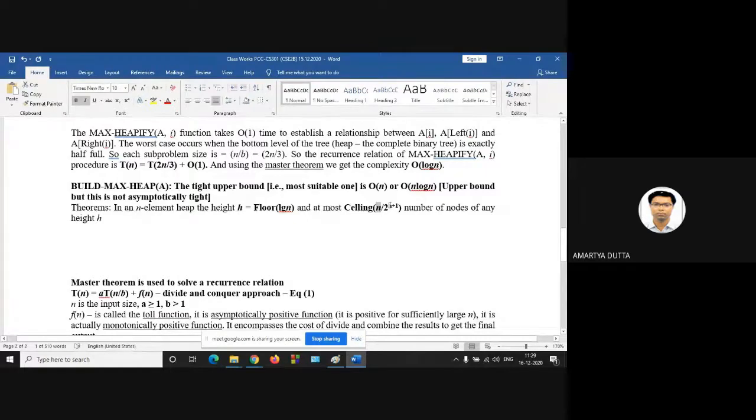We have to prove these two theorems, and then only we can prove the complexity. We will see in our next class the complexity of build maxif, the execution of build maxif procedure, and these two theorems. Okay.